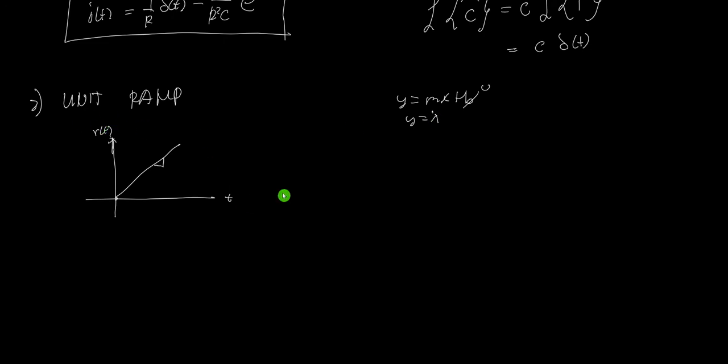Our y here is r of t, so the equation of that line, which is our unit ramp, is r of t equals t itself. So it's called a unit ramp. The coefficient is 1 because the slope is 1. m equals 1.